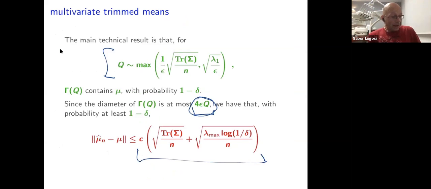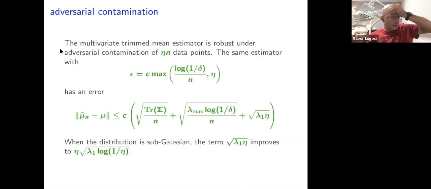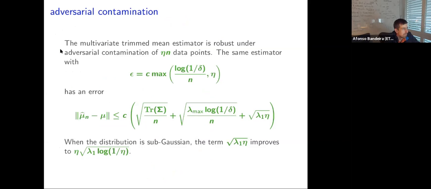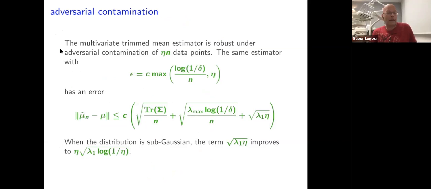Okay. So I'm not going to say anything about the proof of this, but let me just say that this estimator is also robust against adversarial contamination. When eta times n data points can be contaminated, all we have to do is to choose epsilon that depends on eta as well, exactly the same way as in the one-dimensional case.